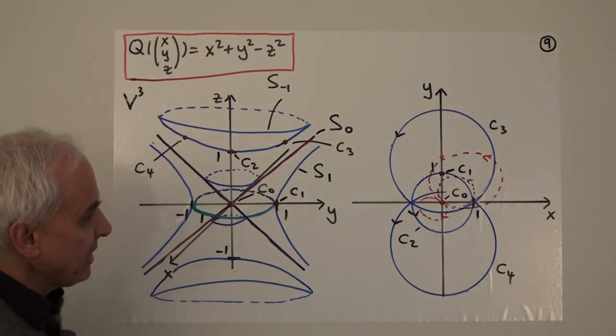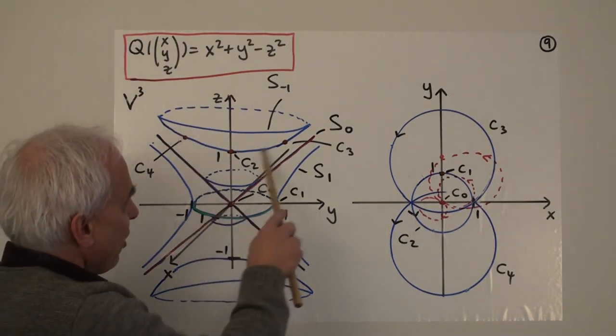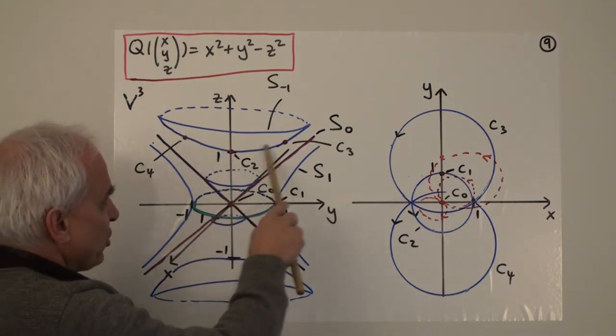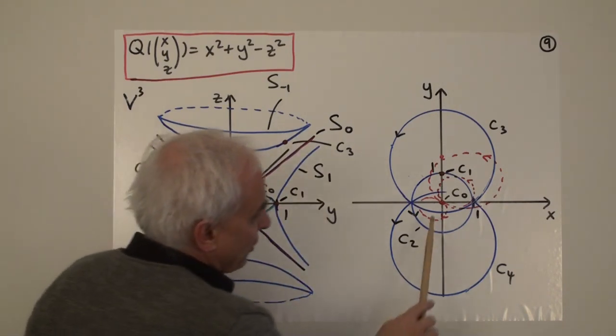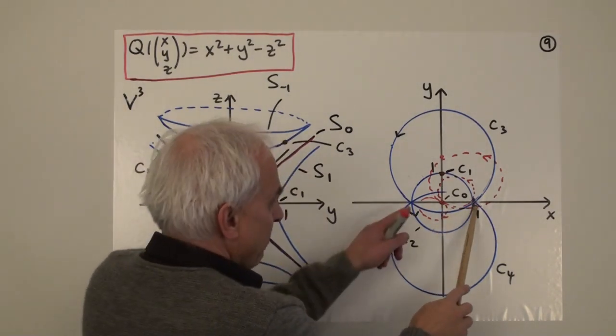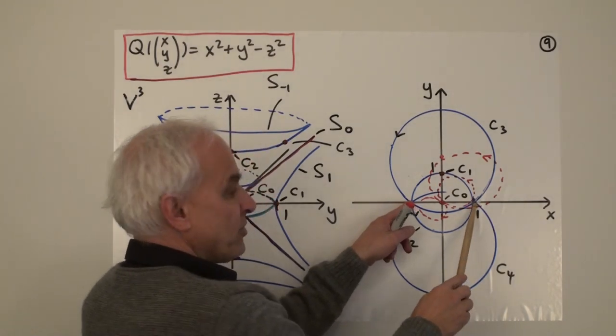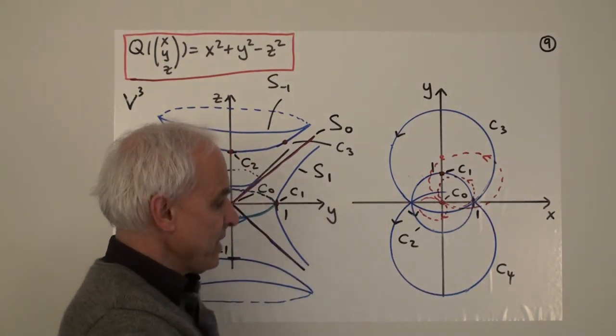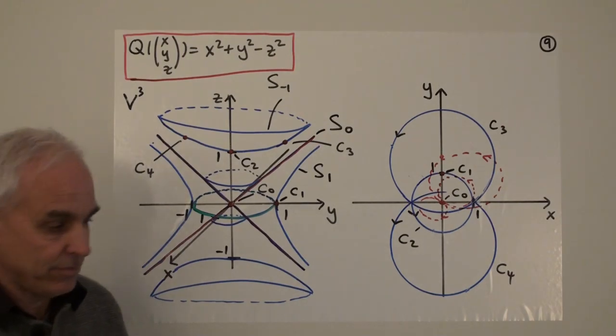So what we get is a family of circles. If we're just going in this direction, we're getting all the circles that in fact pass through those 2 points. That's called a pencil of circles.